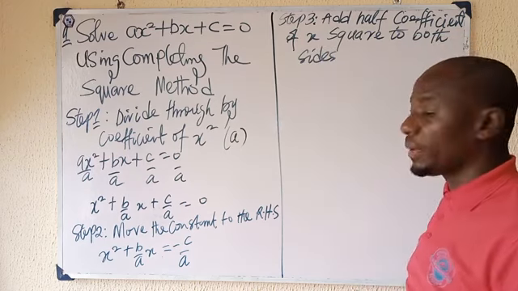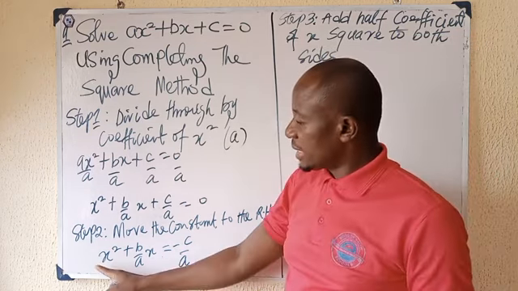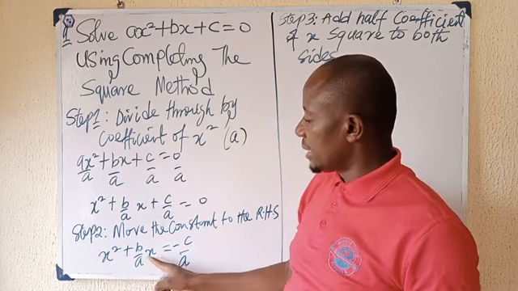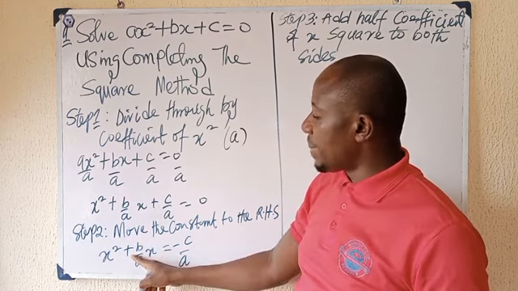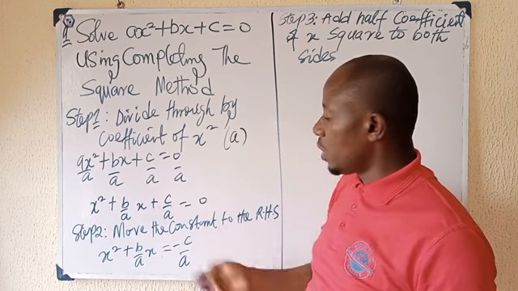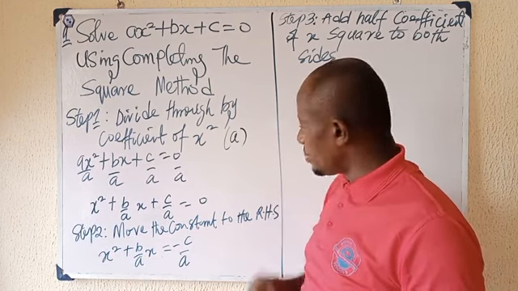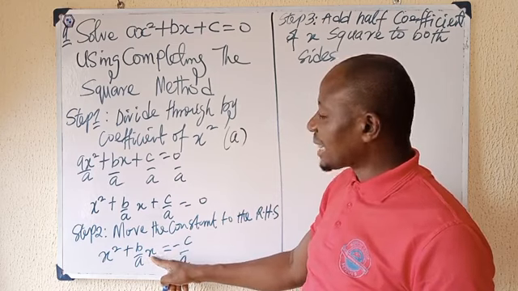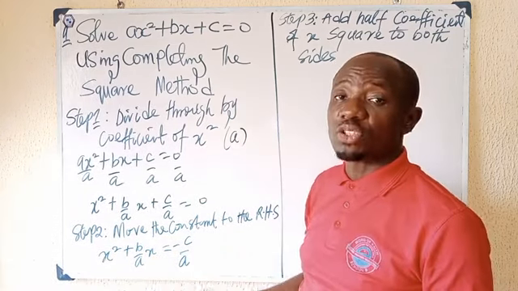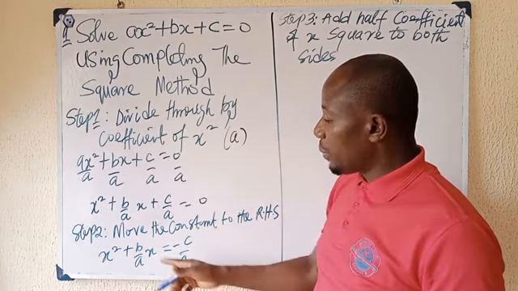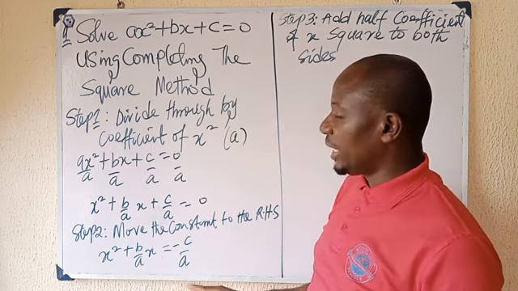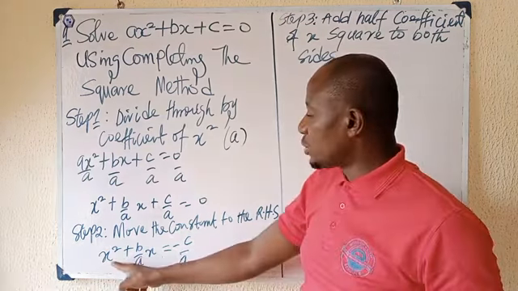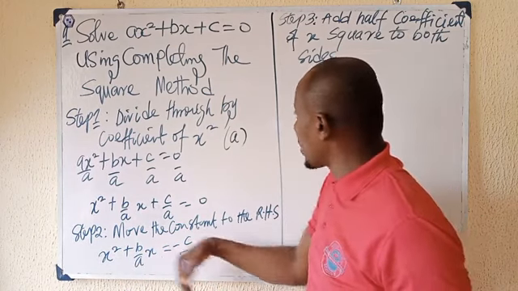Alright, let's explain that one. Now, this is x squared. This is x. Coefficient of x means the number or fraction, whole number, fraction, any number that is attached to x is called the coefficient of what? x. They say we should add half of it squared to this side and this side. So let me just bring it out.